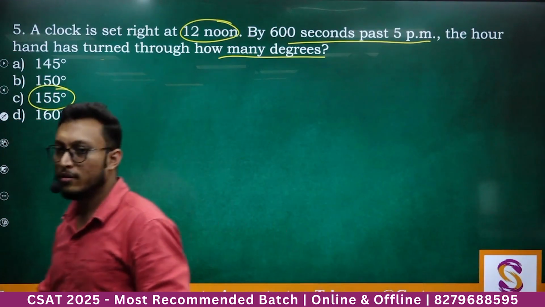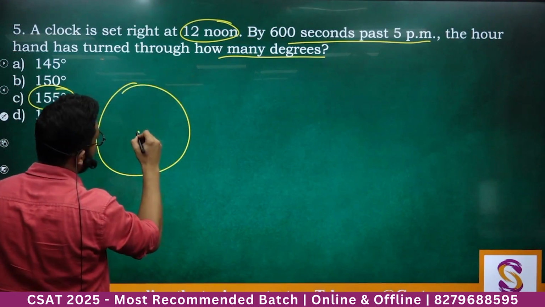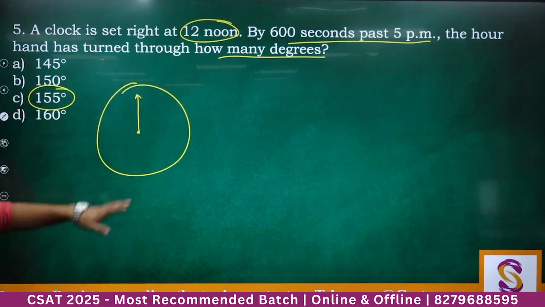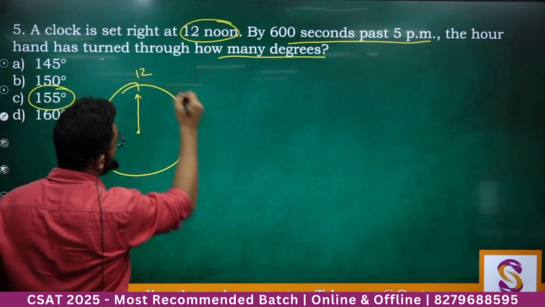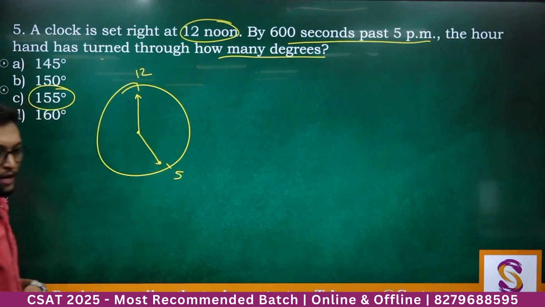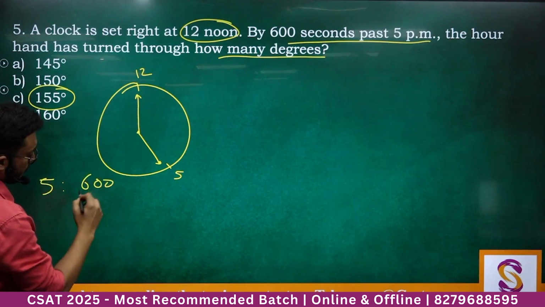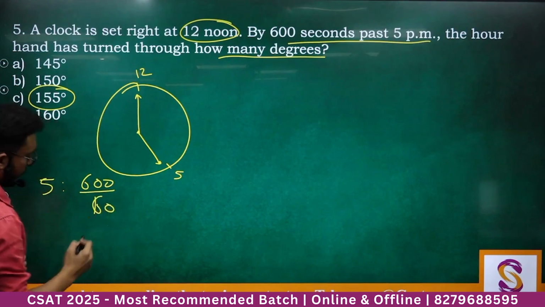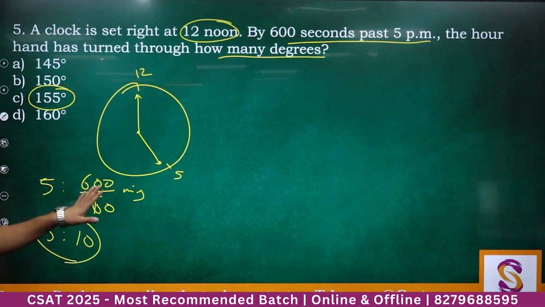सबको आ गया? फिर भी एक बार बोर्ड पे बताऊंगा. So initially the time was, I am just drawing the R hand right now, 12. Finally the time was 5:10. 5:10 कैसे? 600 seconds past 5.